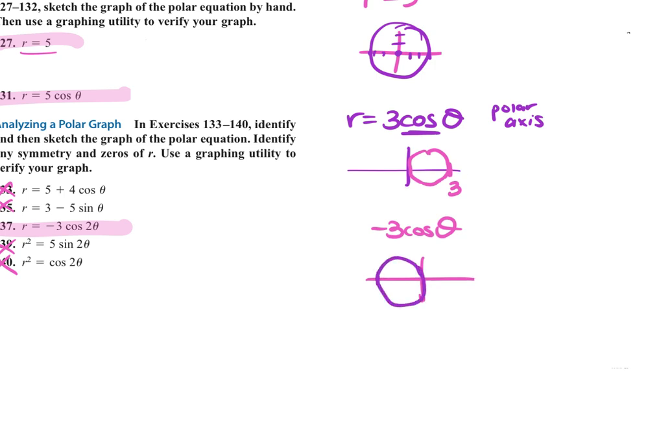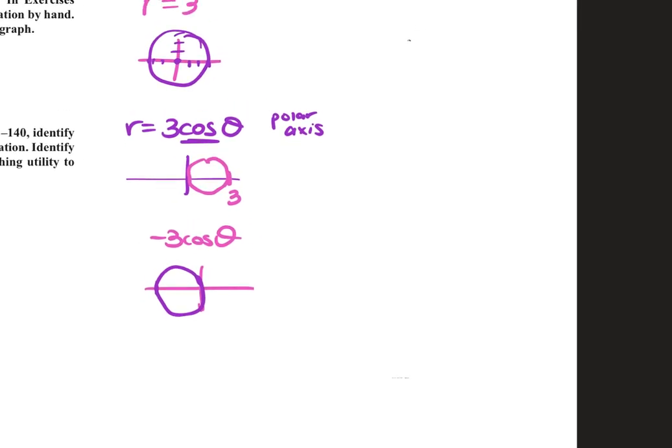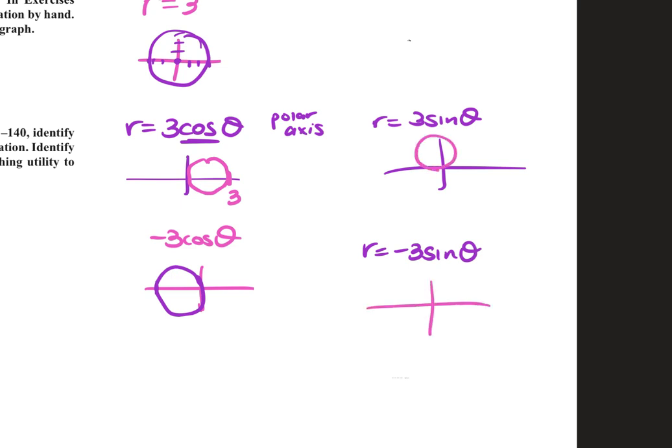If it was sine, it'd be above or below. A positive sine is above and a negative is below. So this would be up and this would be down, because sine is symmetric to the pi over 2 line.